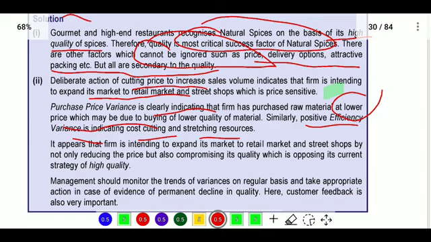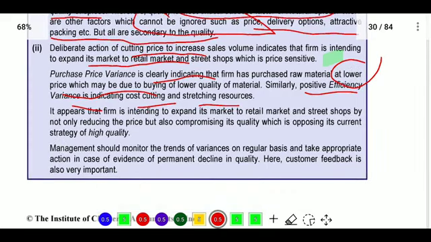Next, it appears that the firm is intending to expand to the retail market and street shops by not only reducing the price but also compromising its quality, which is opposing its current strategy of high quality. When you go for cost cutting, the quality will be reduced.